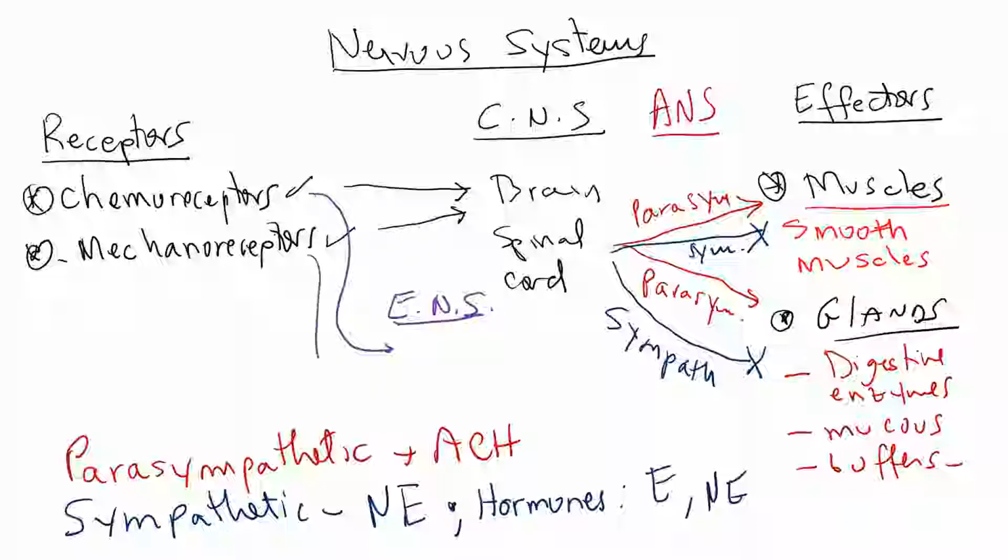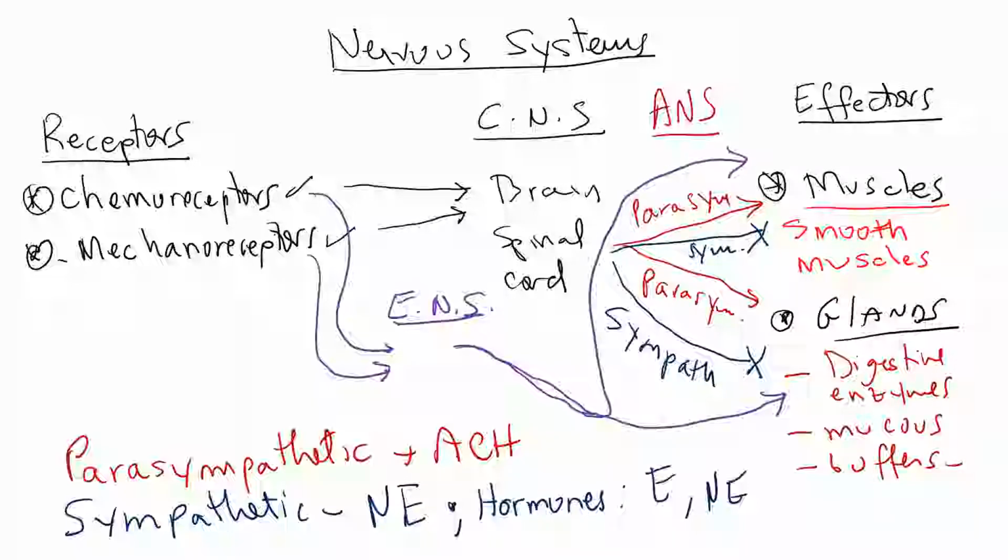Mechanoreceptors and chemoreceptors also send information to this enteric plexus, which in turn is going to respond by stimulating the secretion of the glands and contraction of muscles. So the GI tract is receiving a stimulation from the central nervous system and its own enteric nervous system.